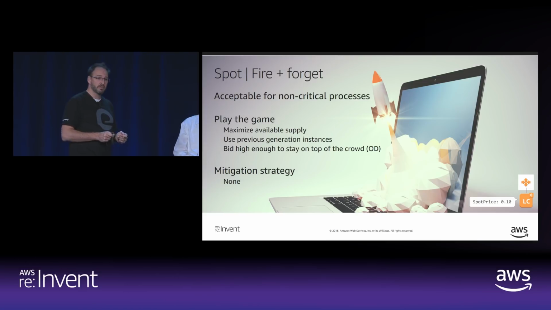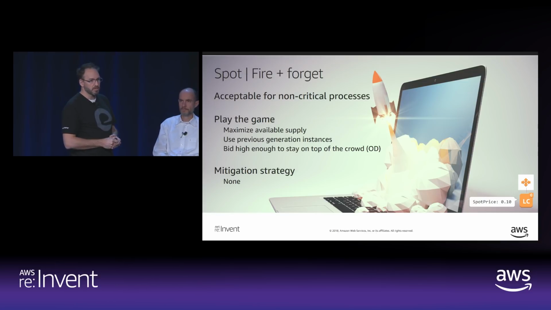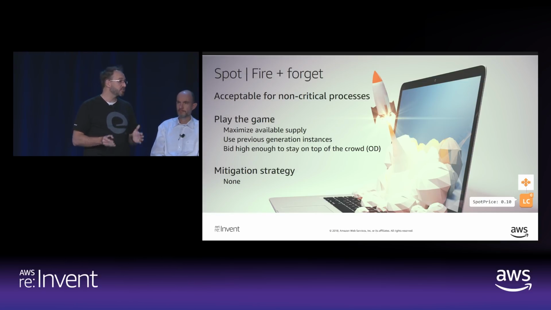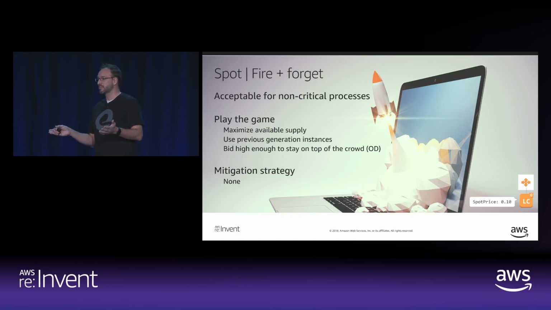But by being careful, clever, and by understanding the rules of the game, now we can take decisions to minimize the probability of losing instances. To maximize our supply, we decided to only use previous generation instances. So when you all recently migrated to those brand new R5 and M5, guess what you left behind?